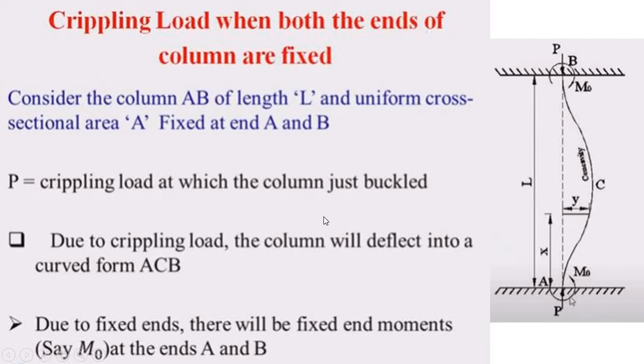Due to fixed ends, there will be fixed end moments, say M0 at the ends A and B. Since both the ends of the column are fixed, definitely there develop fixed end moments. It is represented as M0.